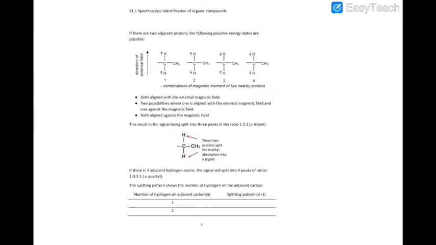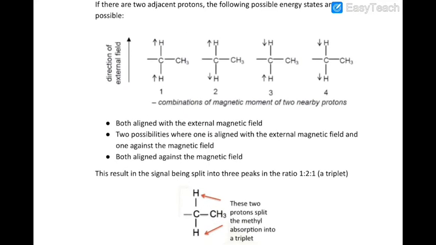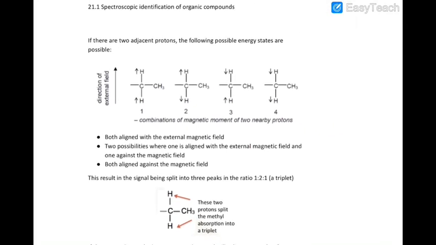Now, if there are 2 adjacent protons, these 2 adjacent protons can spin in the direction of the external field. One can be in the direction of the external field and the other against. And you can also have both of them being against the external magnetic field. So this gives us 4 different combinations, but if you look at these two, these are the same.